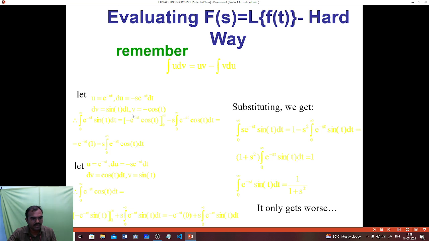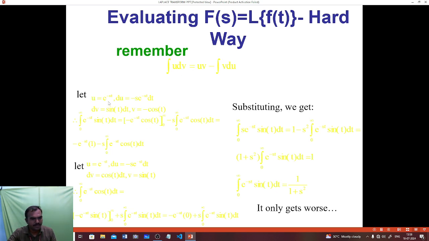And what is the v value? Again integrating this, the integral of sin is minus cos. So the integral from 0 to infinity of e power minus s t sin t dt, here we apply integration by parts. Remember the formula: the integral of u dv equals u v minus the integral of v du.